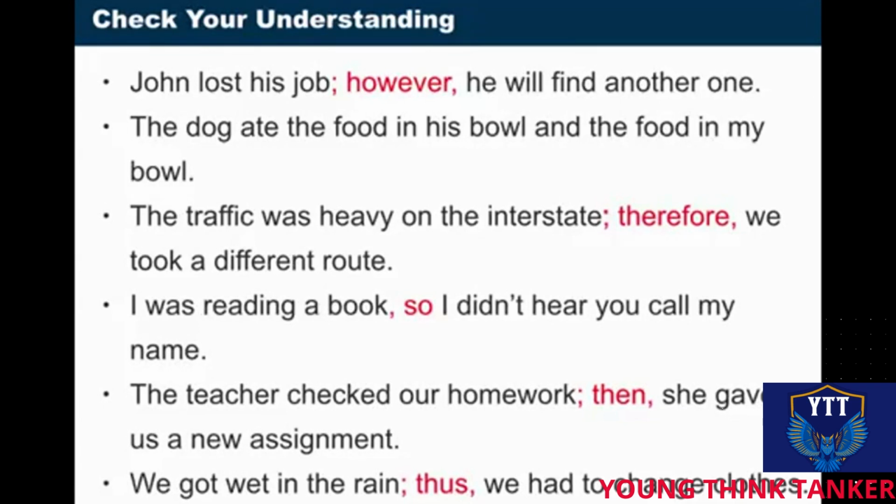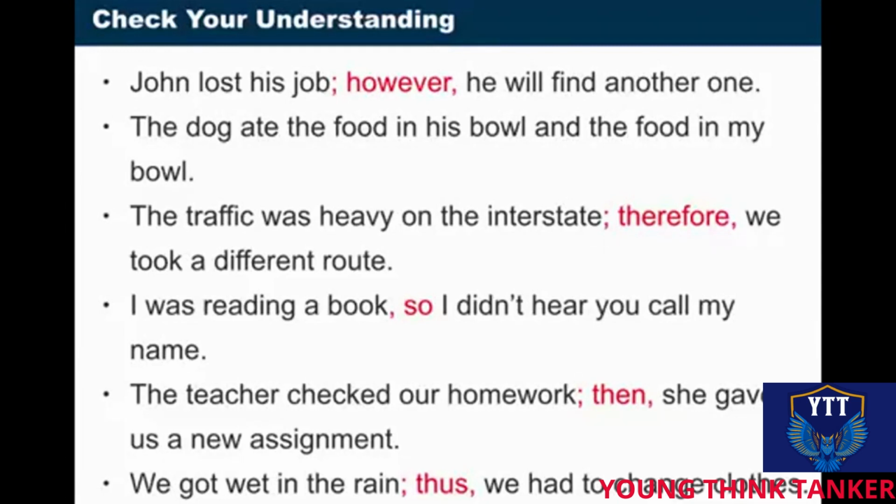Look at the third sentence. We're joining two sentences with the transition therefore, so we put a semicolon in front of it and a comma after it. On the fourth sentence, we joined two sentences with the conjunction so, so we need to put a comma in front of it. On the next one, we joined two sentences with the transition then, so again, a semicolon in front and a comma after.